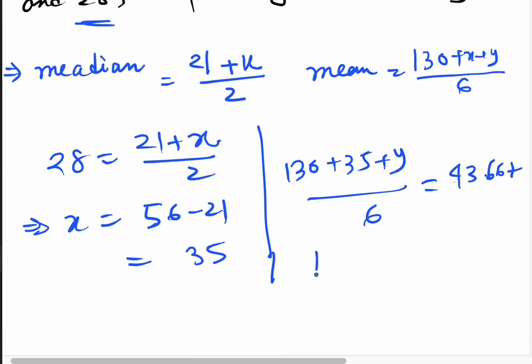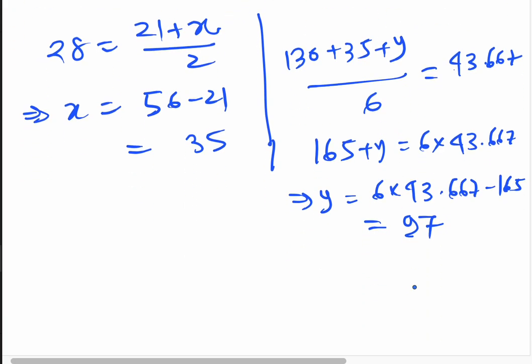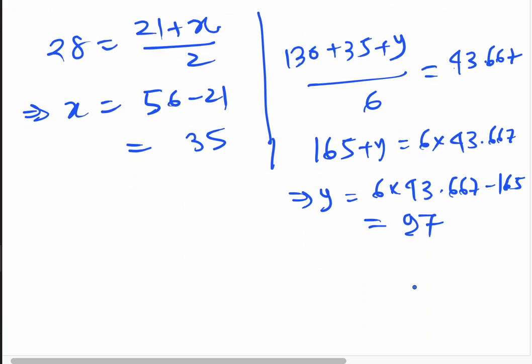So this is 165 plus y equals 6 into 43.667. So y is 6 into 43.667 minus 165. So y equals 97. So that's the answer. Now let's move toward the next question, question number 9.